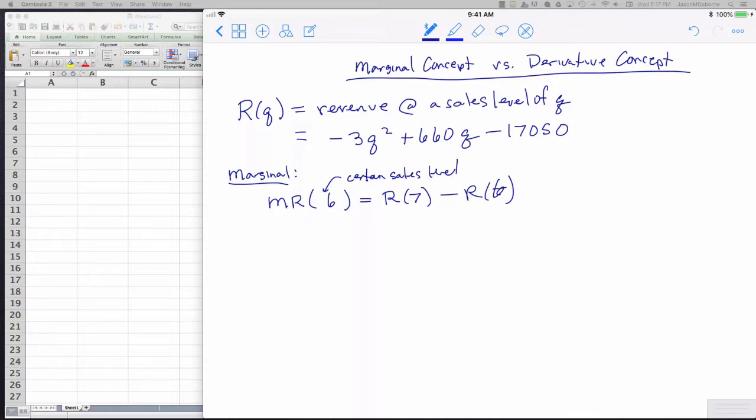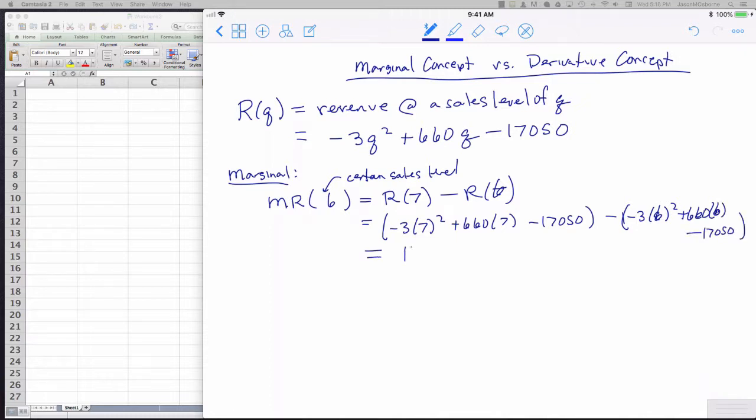Okay, and one can compute the revenue for selling 7 items, minus 17050, and then you subtract the revenue for selling 6 items, and this is just a straight plug into the calculator, okay, to get a number for the marginal revenue.